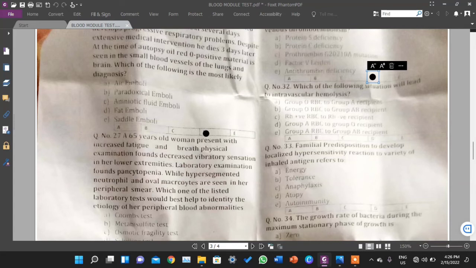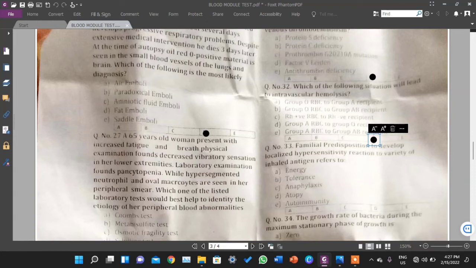It's going to be option D, because in option A, Group A can be given to a Group A recipient, while Group A also can be given to a recipient with blood group AB. Rh positive can be given to Rh negative if the person is not previously sensitized, and the transfusion reaction due to Rh factor is very delayed and cannot occur immediately.